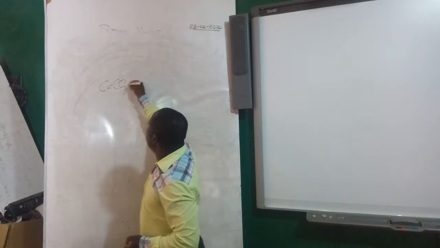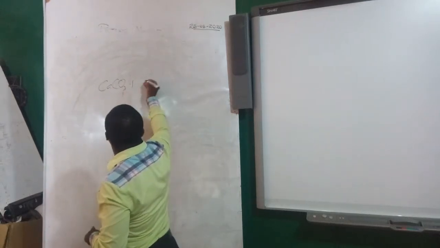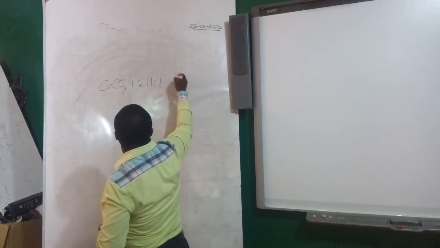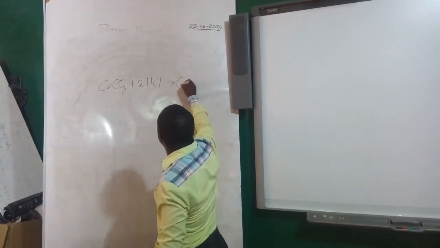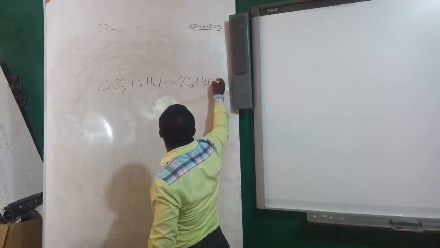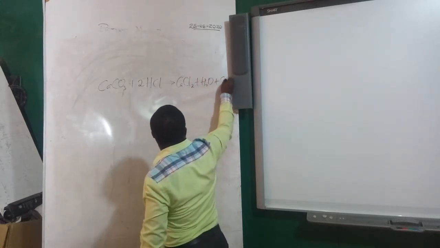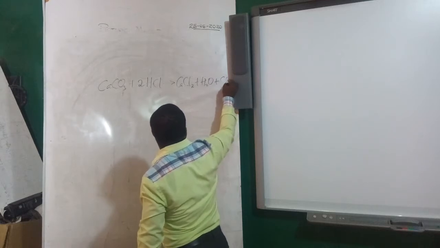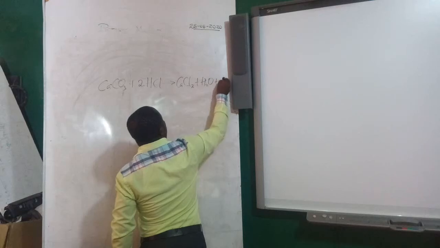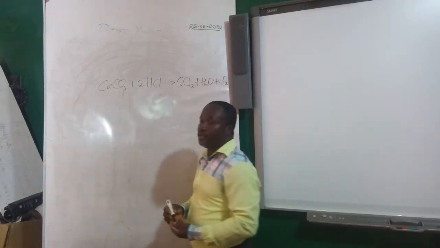And you add this to acid, HCl. What happens? You have calcium chloride plus water plus carbon 4 oxide, CO2, carbon 4 oxide.